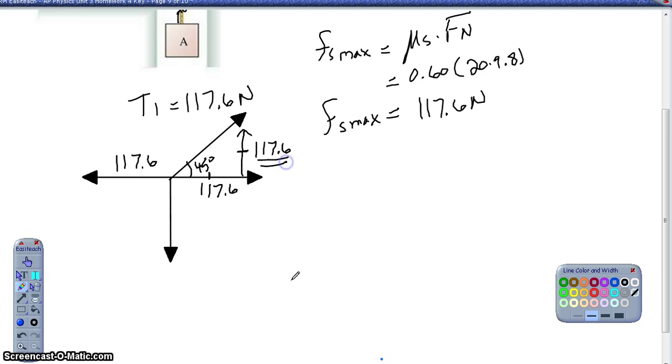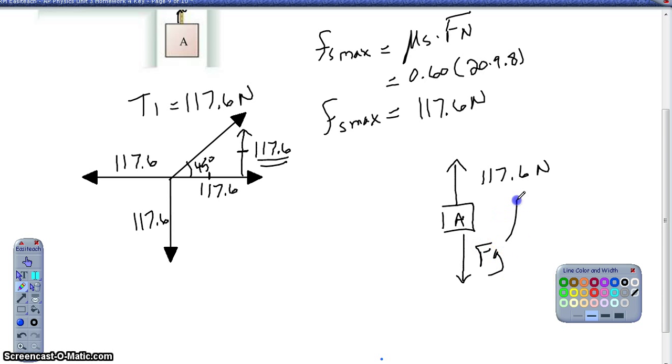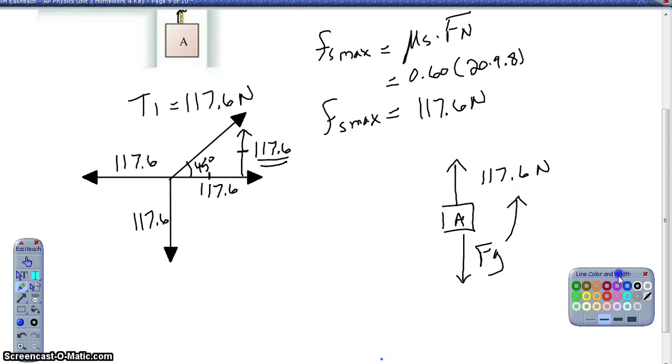So this would have to be 117.6 newtons, which means my vertical tension here has to be 117.6 newtons as well. Because that's a 45-degree angle, all of those components end up being individually 117.6. The reason that's helpful is if I'm looking for the maximum mass of block A, I now know that tension is pulling up with 117.6 newtons, and if it's not moving, the force of gravity better be equal and opposite to that, so that gives me a route to solve for my mass.